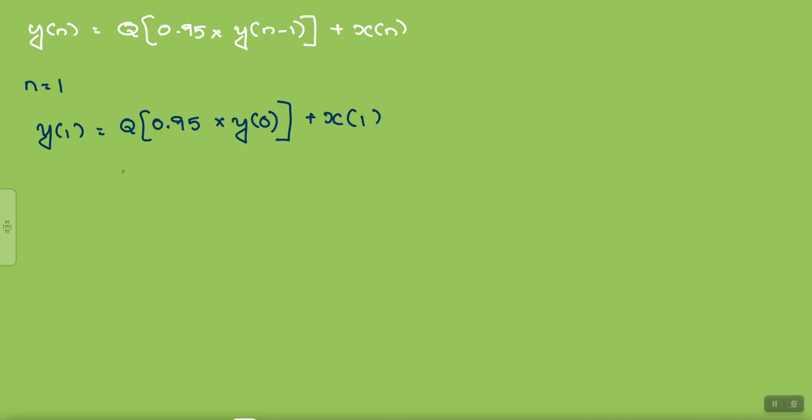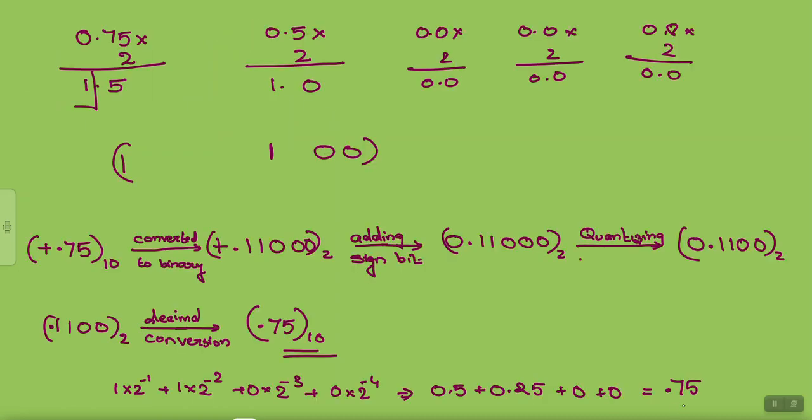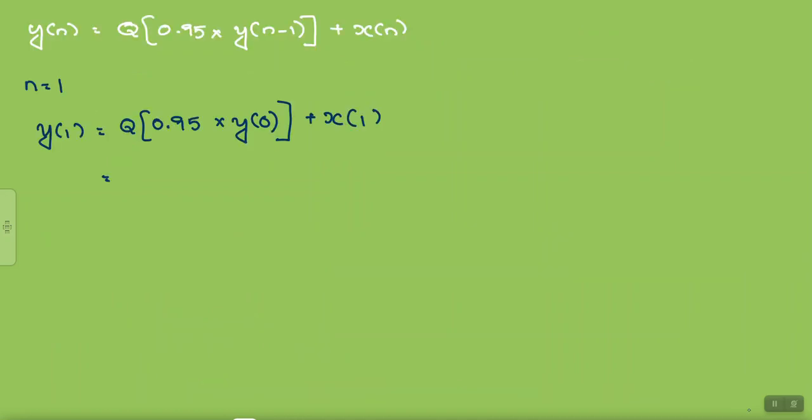We have y of 0 as 0.75. That is, y of 1 is equal to quantization of 0.95 into 0.75 plus x of n, which is 0 now.